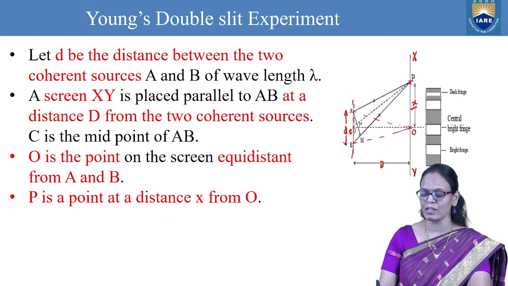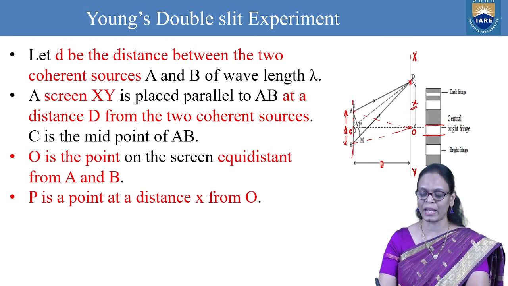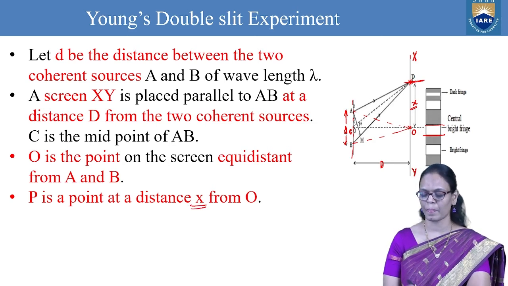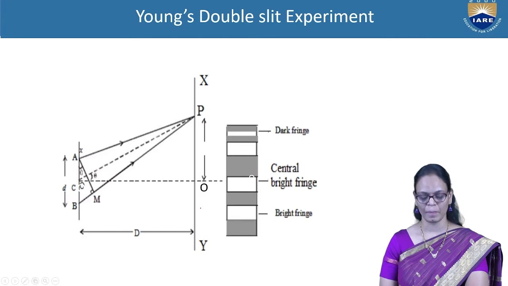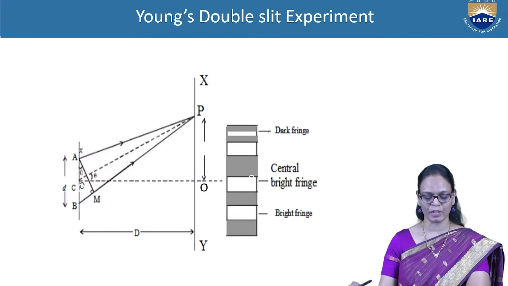Now we are considering a point P at which the waves are arriving in phase. So we will imagine there is another bright fringe here. What is the distance from the central bright fringe to this fringe? That is x. Now the same diagram we have seen.